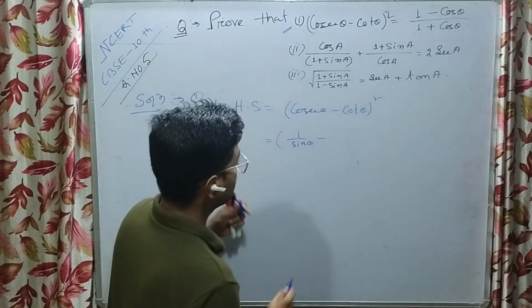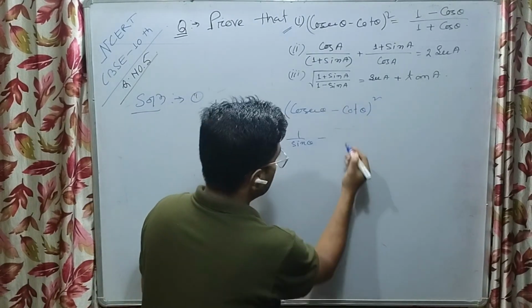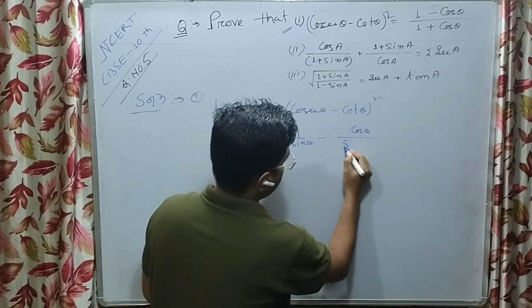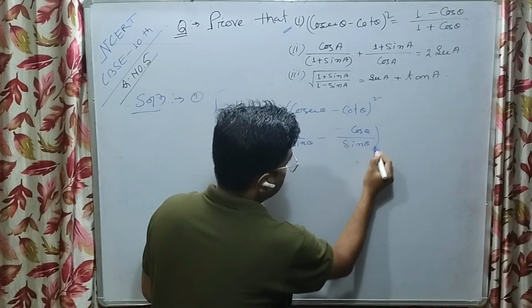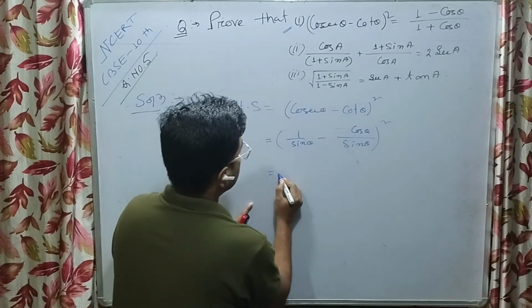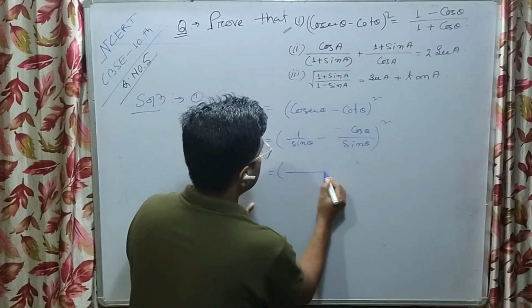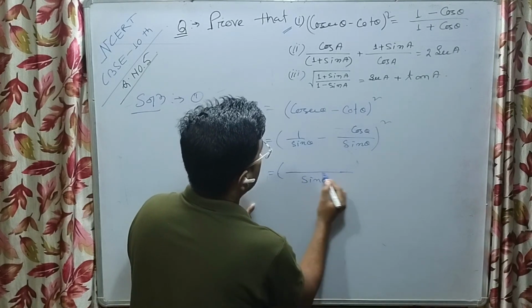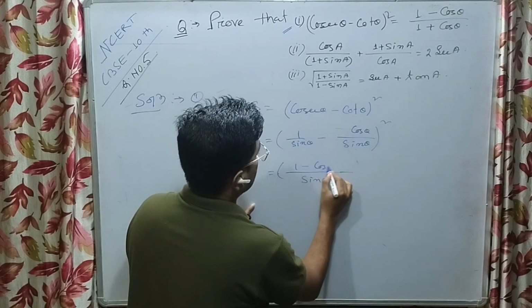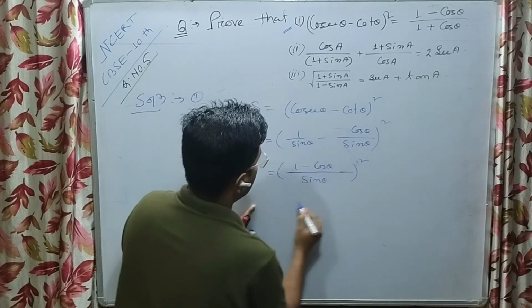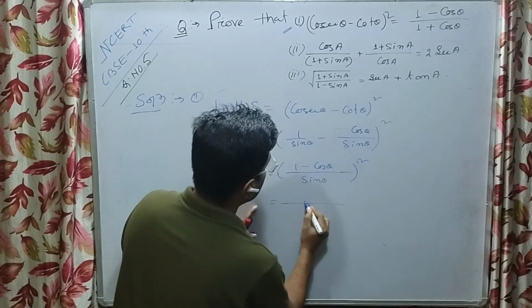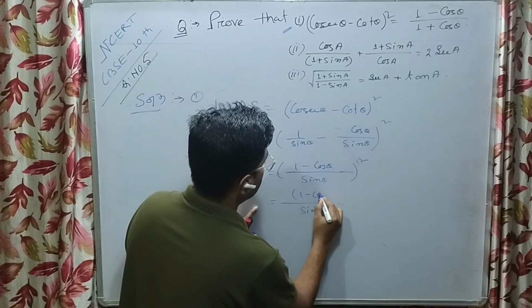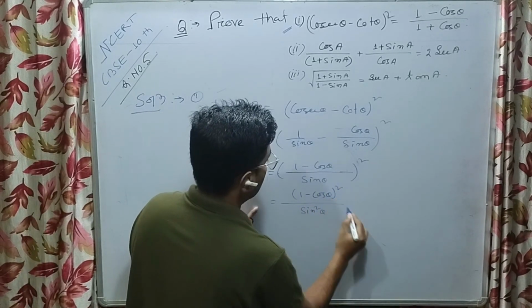So cot theta is equal to cos theta by sin theta, whole square. Now taking the LCM of sin theta and sin theta, it will be sin theta, and 1 minus cos theta whole square. Now it is sin square theta and 1 minus cos theta whole square.